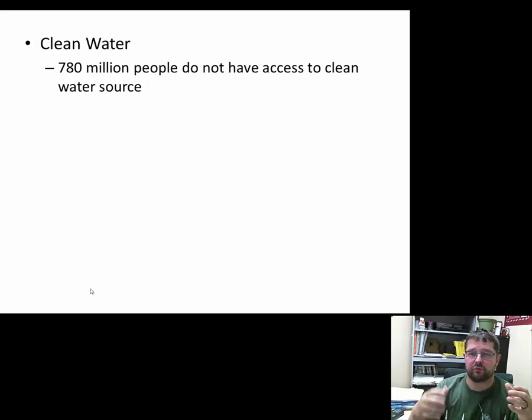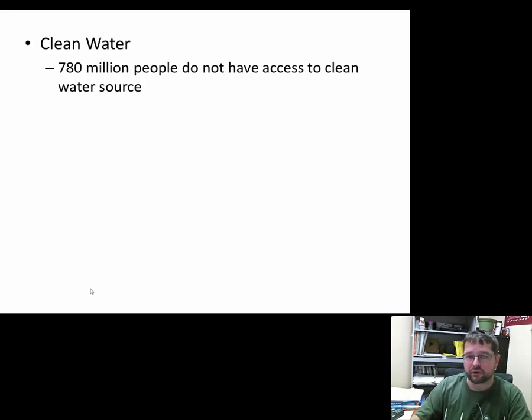There are lots of ways they can make their water source somewhat clean, but we're talking about a huge amount of people that have no access to clean water. They can't just open a tap and drink the water, or go to a stream and drink the water. It's a lot of people.